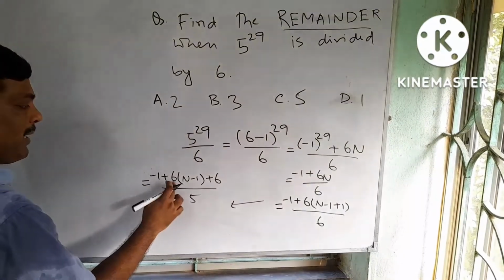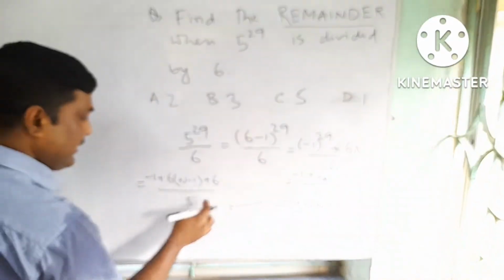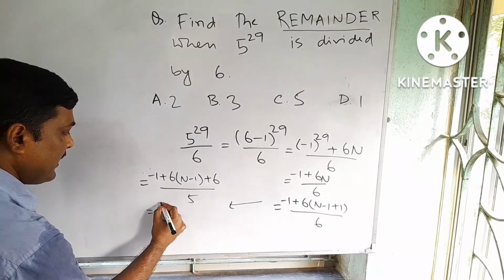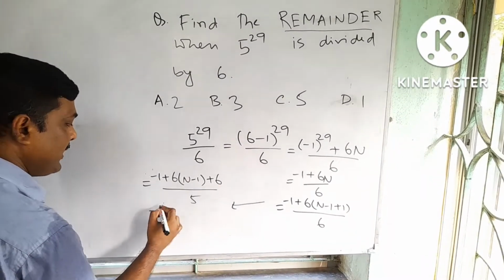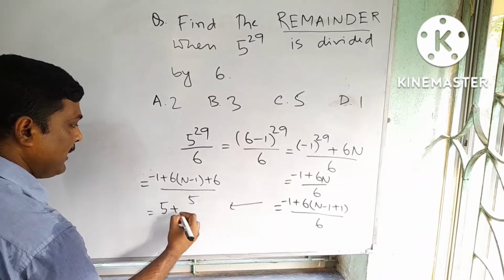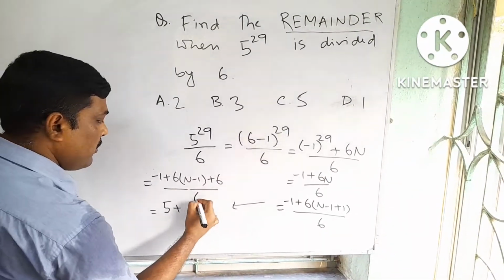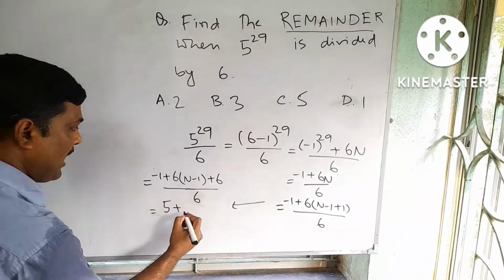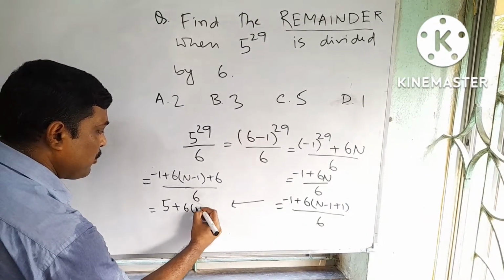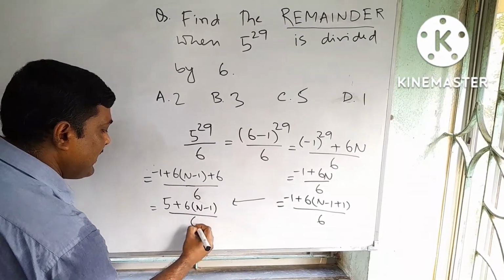So minus 1 plus 6 into (n minus 1) plus 6, divided by 6. So it is minus 1 plus 6, that is 5, plus 6 into (n minus 1), divided by 6.